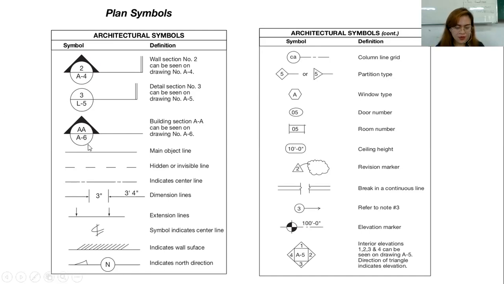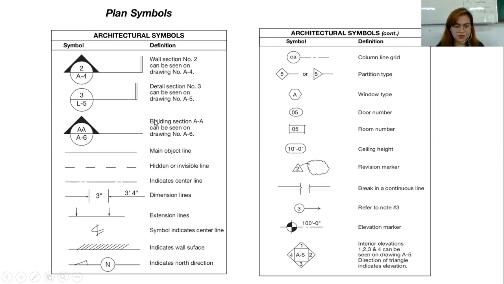So we're using the building section here. If this one is building section cutting line AA, or section through AA, the A6 here shows where you can find the details of building section AA.